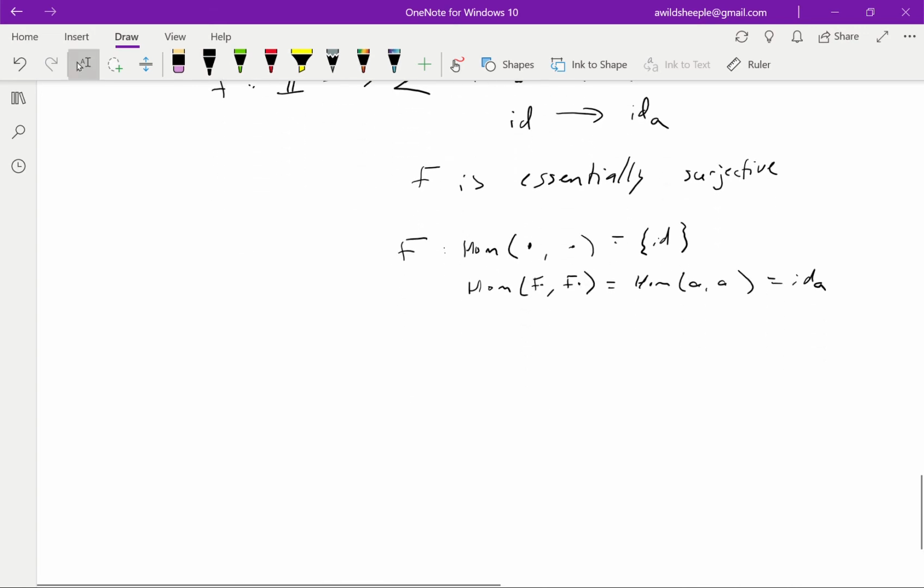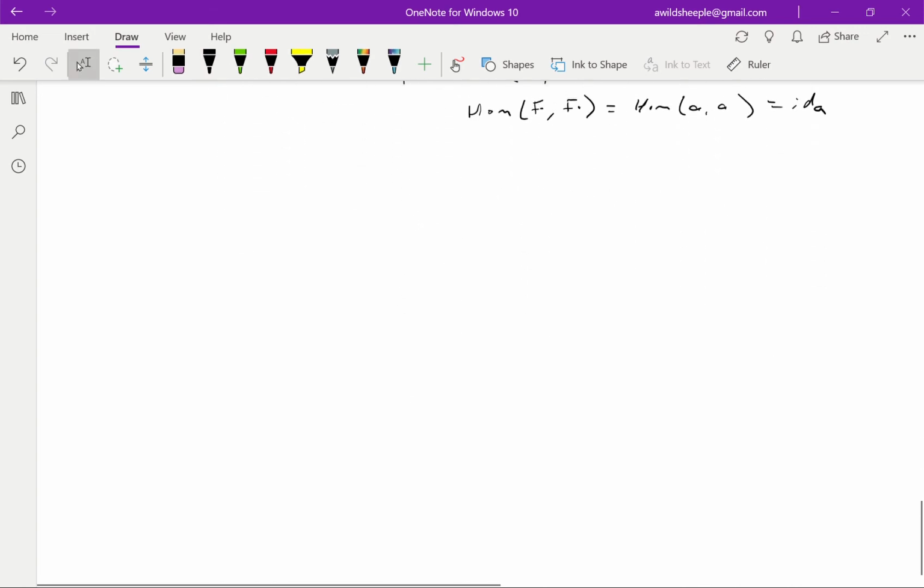Okay, to continue for the day, let's introduce some basic consequences of these definitions. So here's a proposition. Let's say we have F from C to D, and let's make this a faithful functor.